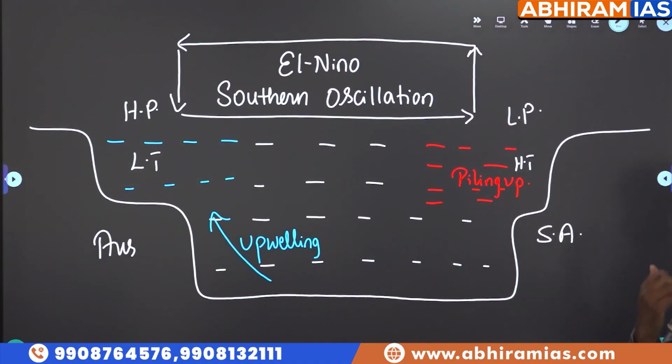Third, in recent years, due to global warming, oceans are mostly hotter, and due to this, El Nino is observed every year.